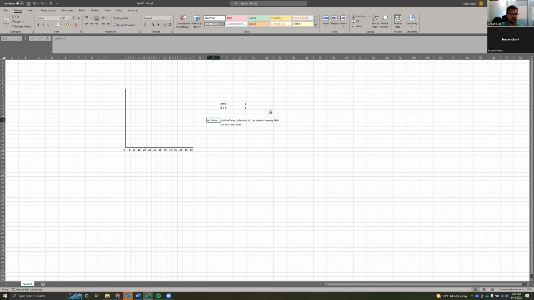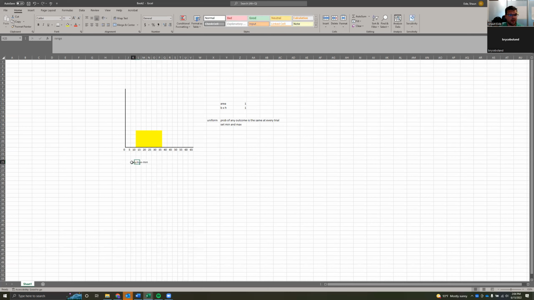With the uniform probability distribution, my card can be anywhere between $10 and $35. It can be anything in here, and so I now know my base. The range of my base is going to be max minus min.